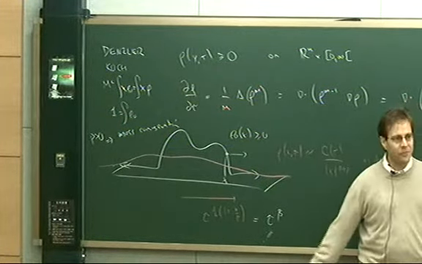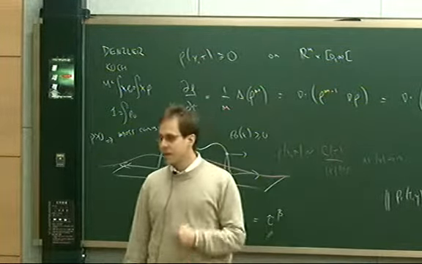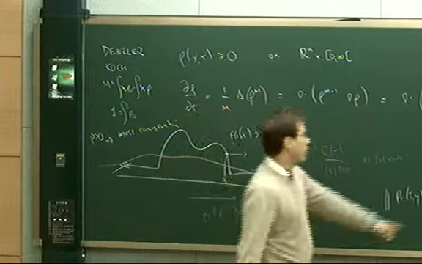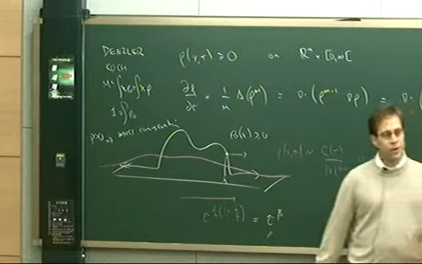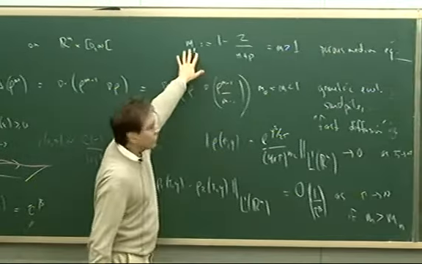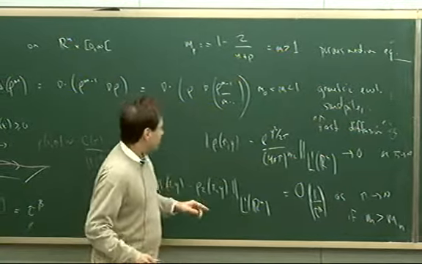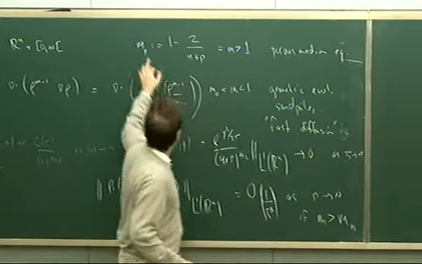Various people have done things like that, starting in the radially symmetric case with Carrillo and Vázquez, who were able to improve this to rate 1 over tau for radially symmetric data. Then without the radial assumption, Yao Yao Zheng and myself were able to do this in a certain range of m between m_0 and m_2, I think.